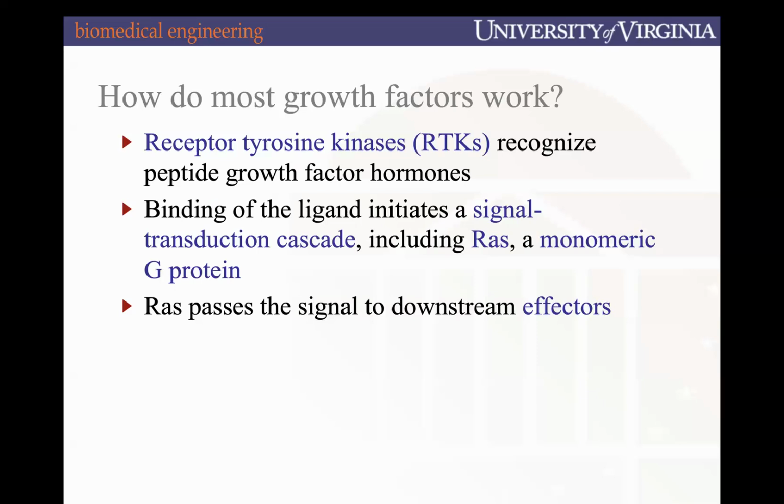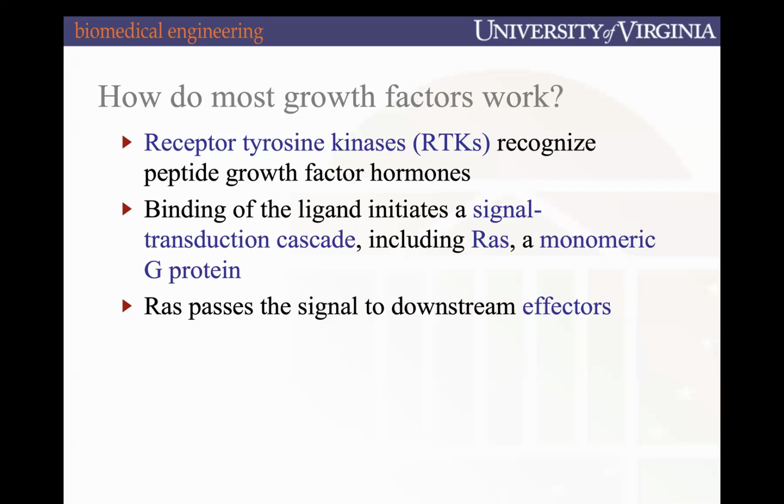What's unique about them is that when these two proteins dimerize together, there's going to be this phosphorylation on all the tyrosines on the cytoplasmic part that then will induce a conformational change and trigger activation of other proteins that lead to a cascade of events. For some growth factors, that cascade of events will include RAS, the monomeric G protein that we talked about a few lectures ago.